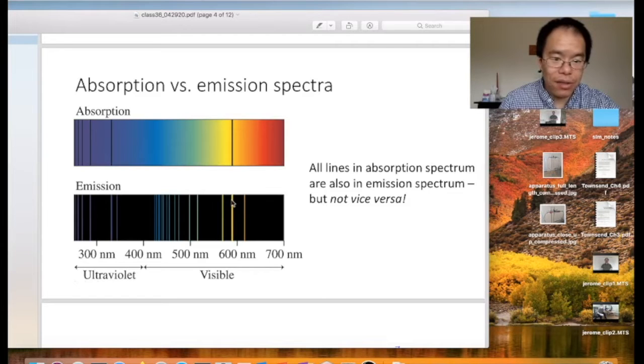Like this dark one to that purple one there, and vice versa. However, there are a bunch of lines that are present in the emission spectrum that are not present in the absorption spectrum. Whatever model we come up with to try to explain spectra needs to be able to explain this fact that there are lines in emission that you don't see in absorption.